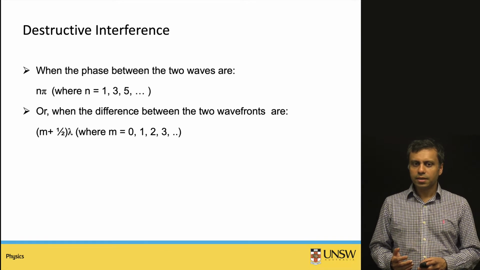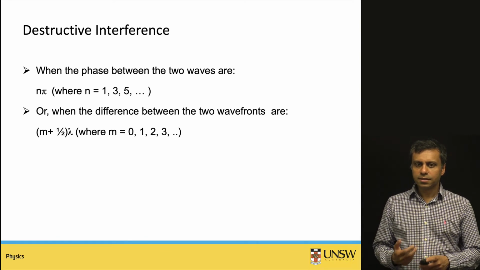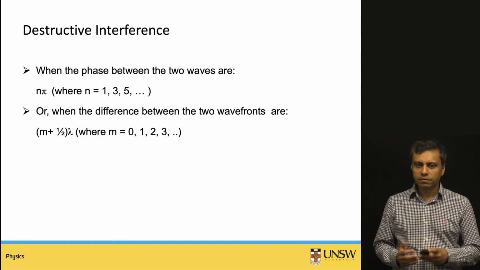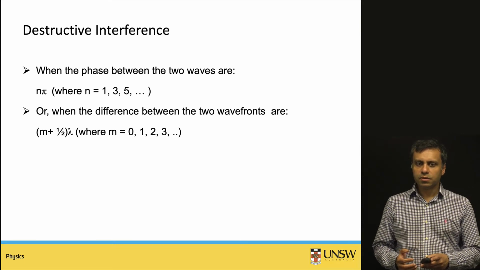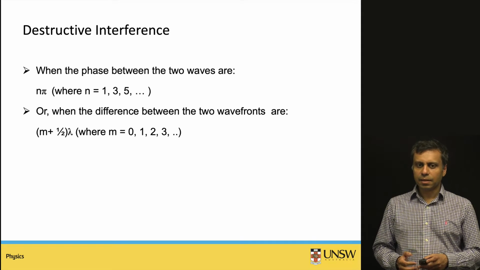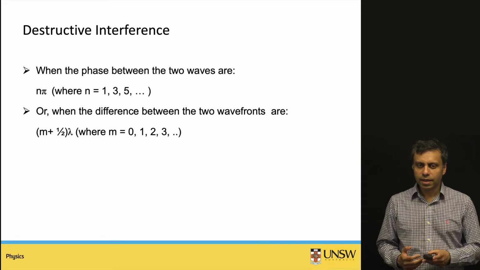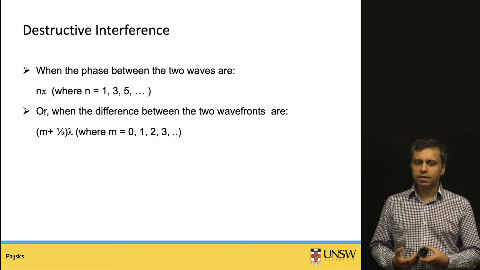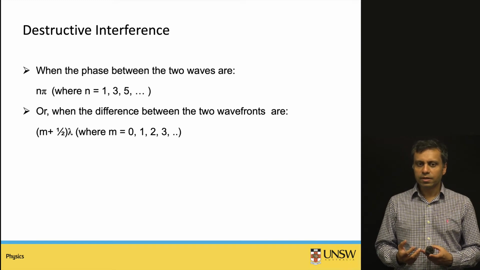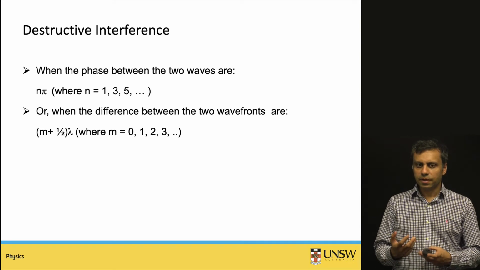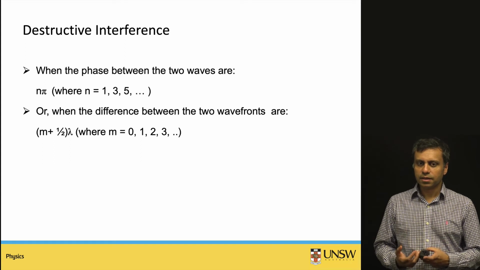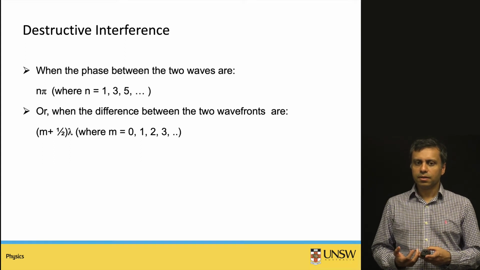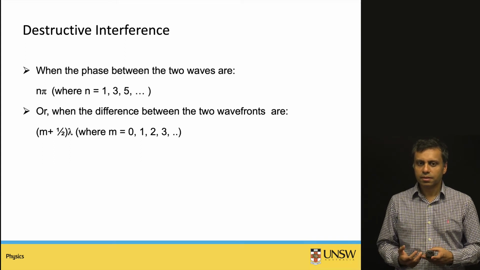Similarly, we can again think of this in terms of the path difference between the two wavefronts. If there is a path difference of m plus half lambda, lambda being the wavelength, then again the waves will interfere destructively. The half wavelength basically gives the 180 degrees out of phase component at the same location.